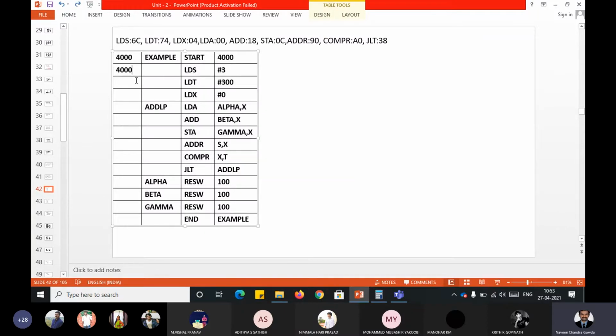So here the starting address is 4000, the next address could be 4003, next it is 4006, then you will get 4009. And 9 plus 3, what is the next number?